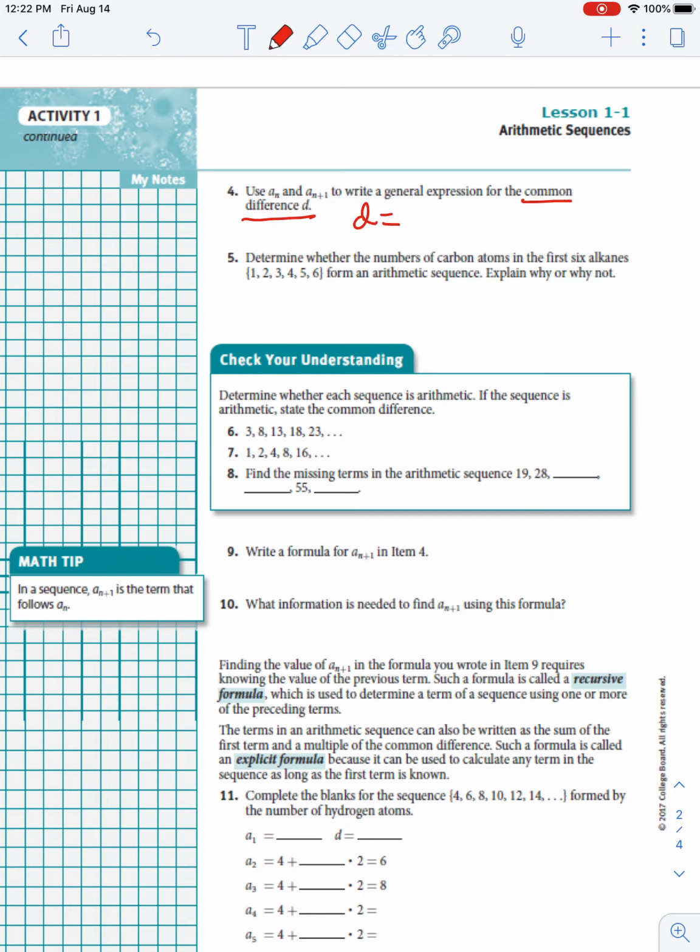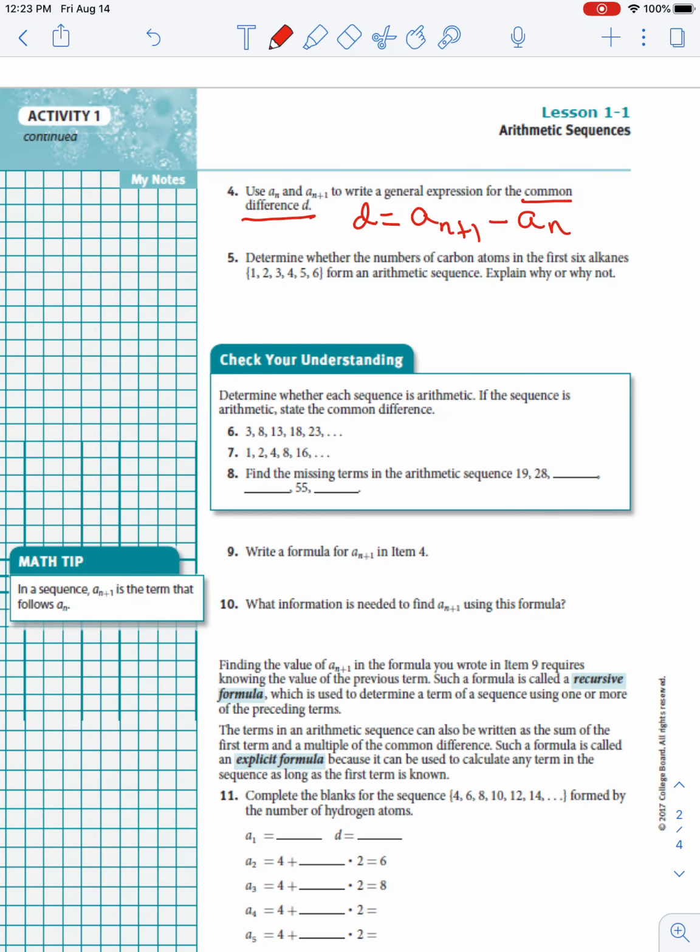So we are going to get the common difference by subtracting the previous term from a term. If you think about it, the previous term would be a sub n. The term itself would be a sub n plus 1 if you think about the order of things. So a sub n plus 1, a term, take away its previous term, a sub n. And that's how we're always going to find a common difference. It's really just subtracting the terms.